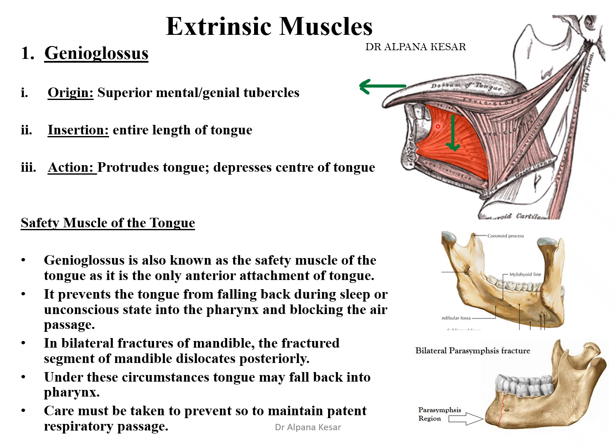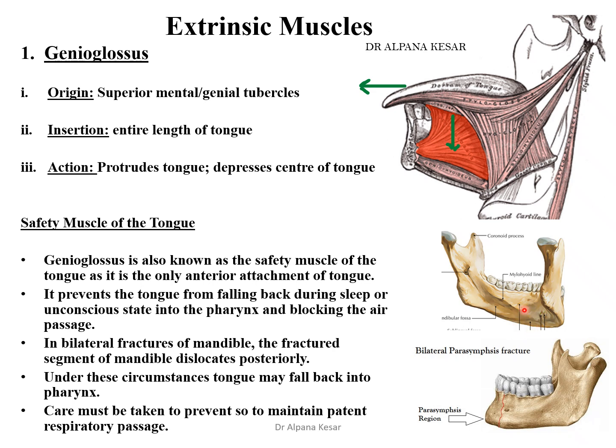This anterior attachment of the tongue holds the tongue in place in the oral cavity and prevents it from falling back into the pharynx during sleep and unconscious states. However, if bilateral fractures of mandible take place, then the anterior segment of the mandible may dislocate backwards.